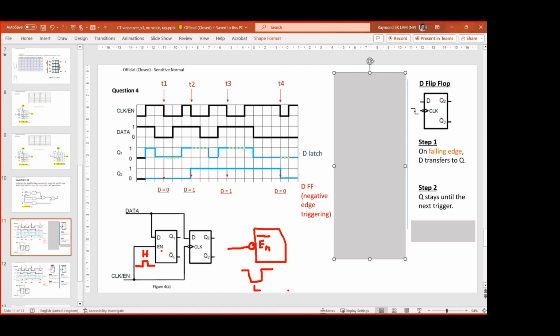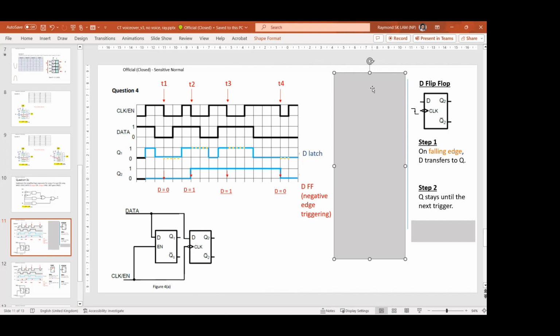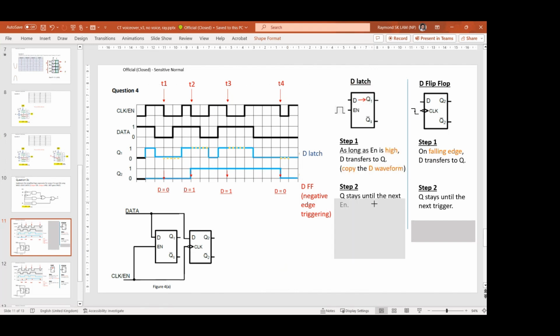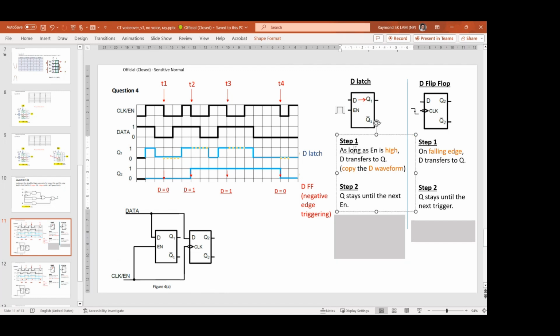So now basically this is what happened. For the latch, you have step 1 and step 2 similar to this one, but this time around it is EN. As long as EN is high, EN stands for enable, or when enable is high, D transfers to Q. In this case, you copy the D waveform.